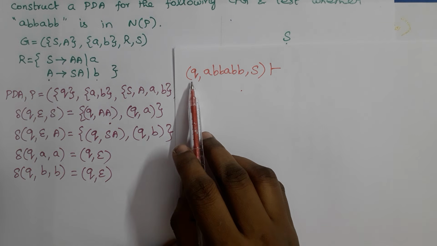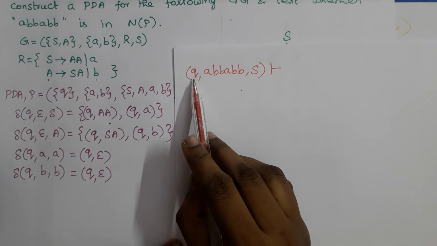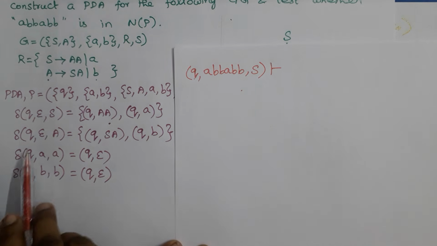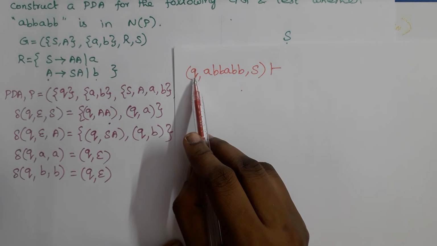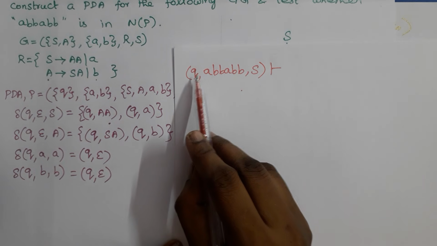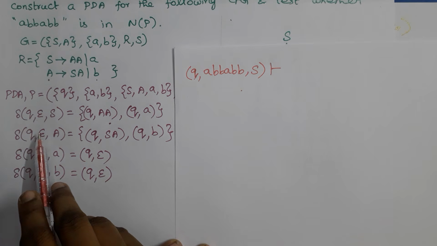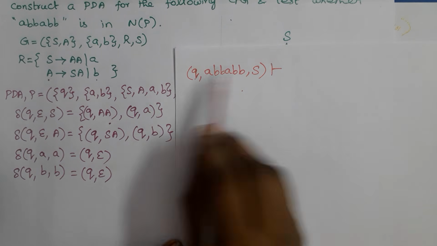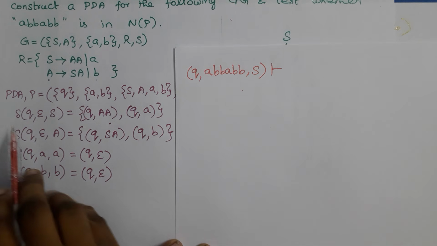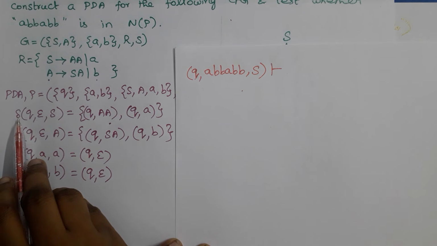Now we have to check whether the transition function δ(q, a, S) is there or not. δ(q, a, S), no such transition. But δ(q, ε, S) is there. So in this step, don't write delta here, because this is an instantaneous description. For a transition function we write delta.